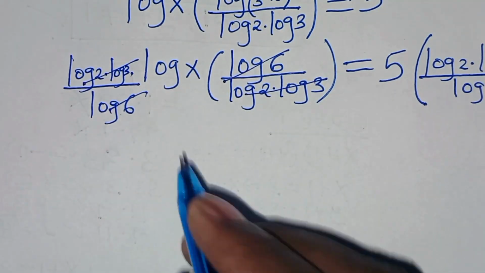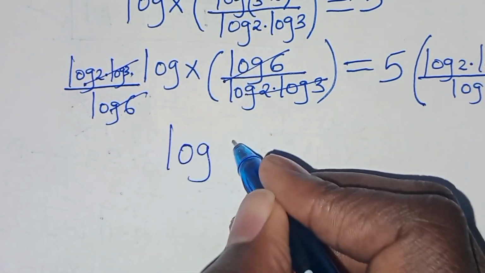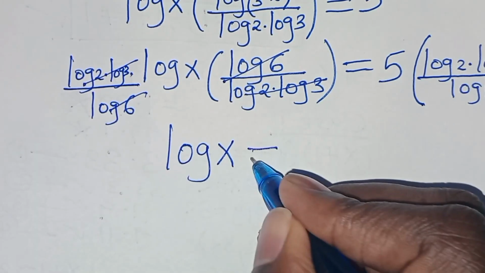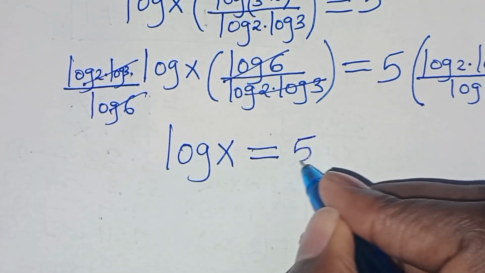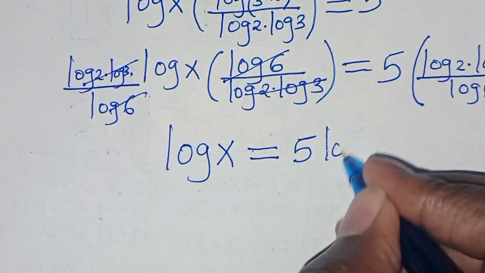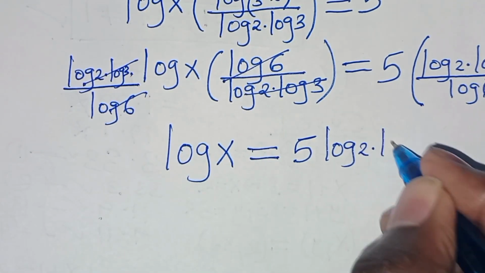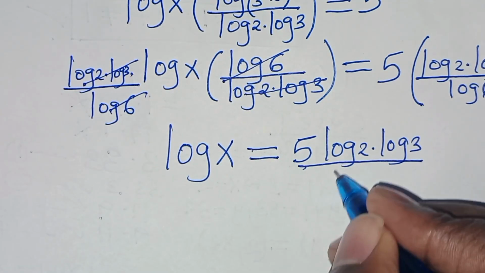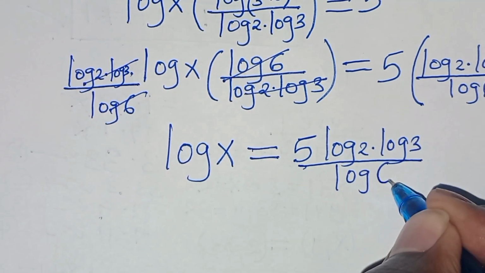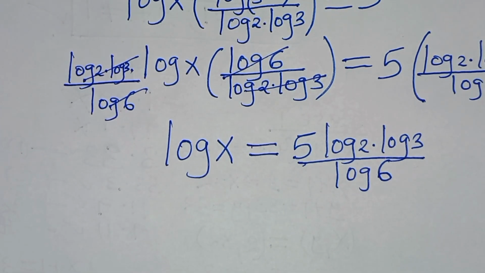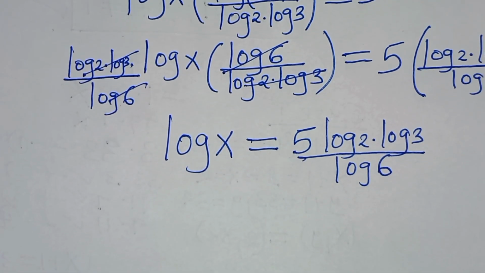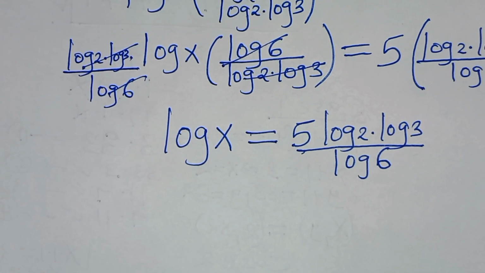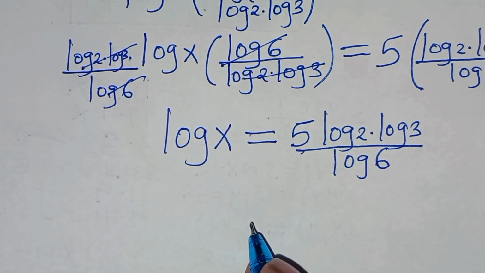So this implies that log x is equal to 5 log 2 times log 3 divided by log 6.